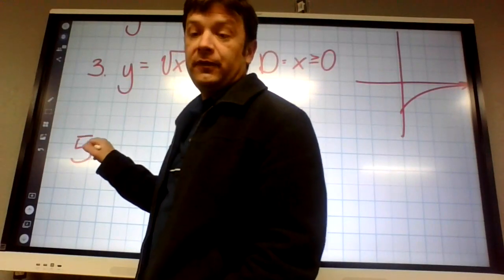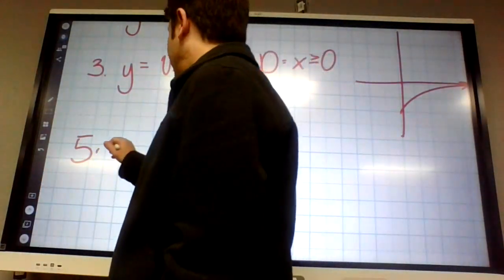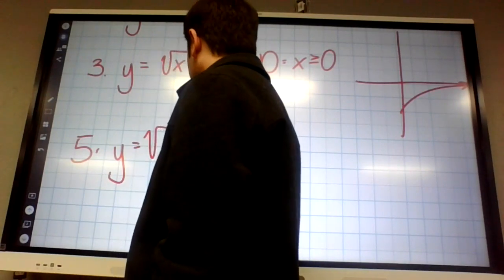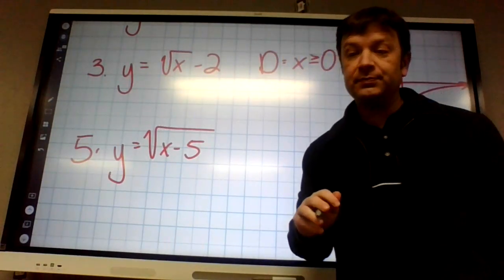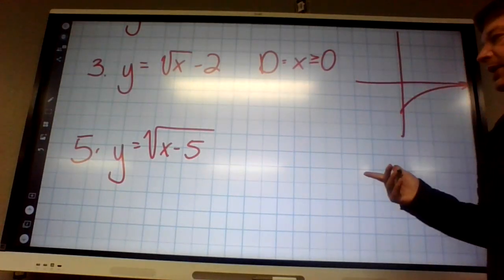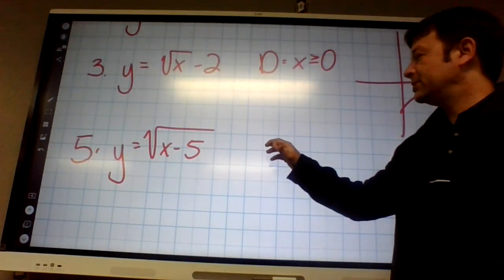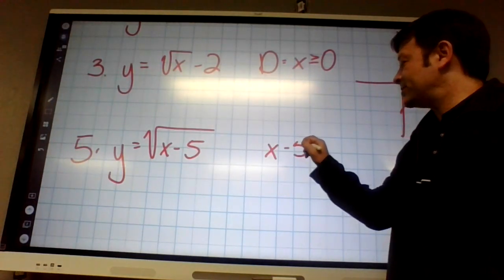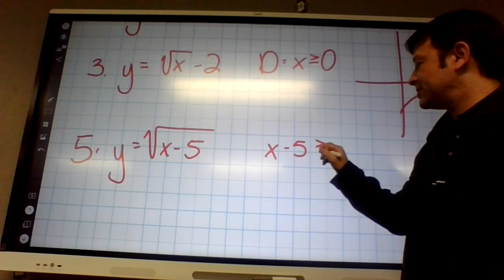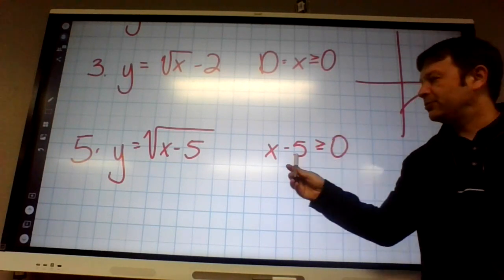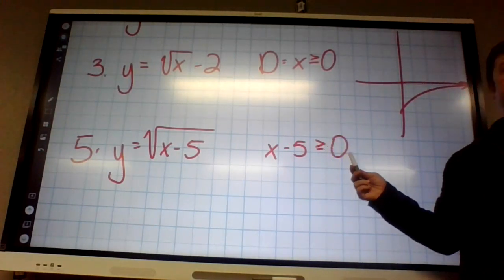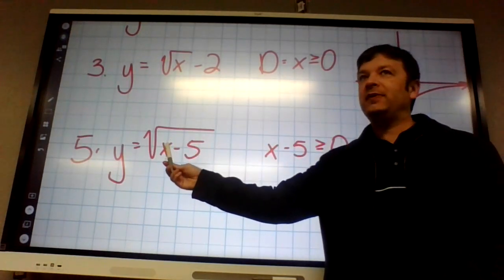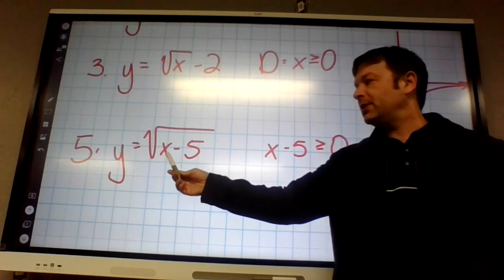Alright, number 5. This time there is something under the radical: x minus 5. Wouldn't that move it to the right? Okay, here's the trick. Yeah, it does move the graph right 5. We need x minus 5 to be greater than or equal to 0, because we can't have this be negative, since there's no square root of a negative, nothing real anyway.